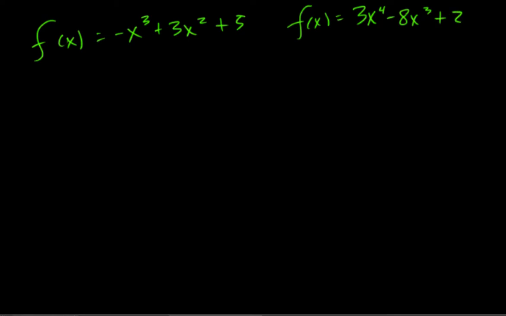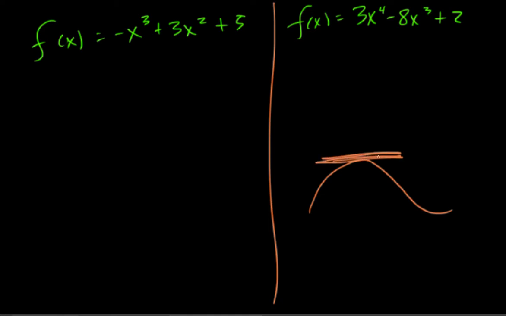Okay, so what we have to do for this, we have to keep in mind that the derivative at those points where it changes from increasing to decreasing is equal to 0, because the slope of a horizontal line, so if we had something like this, the tangent at that point is going to be horizontal, which means the slope is going to be 0, and so that's kind of the thinking behind this.